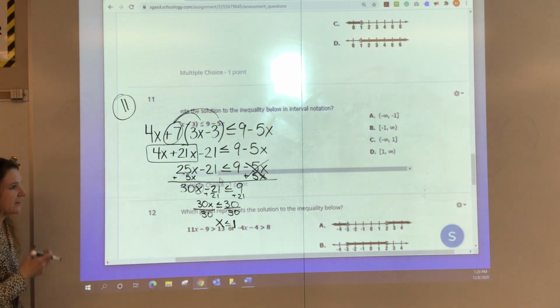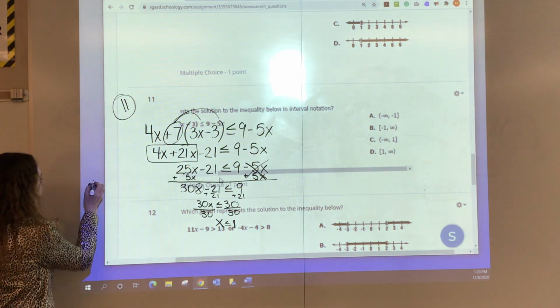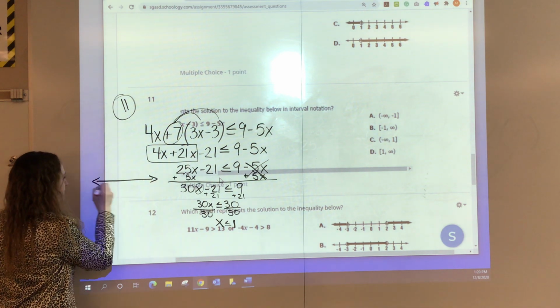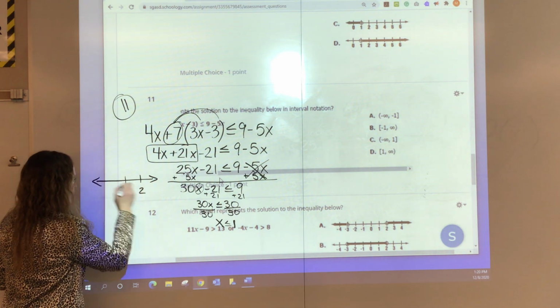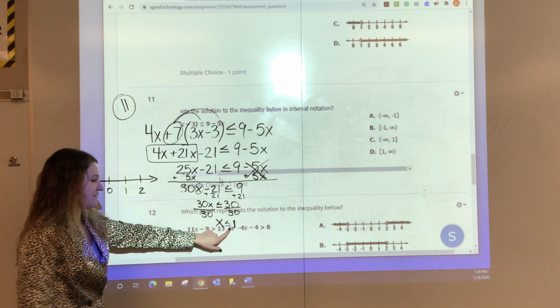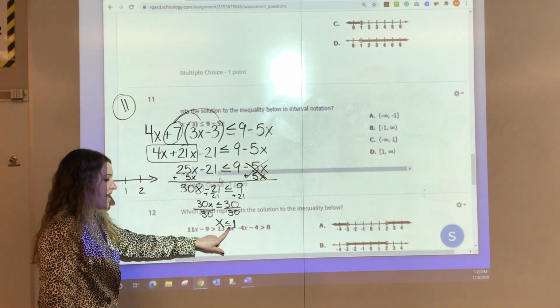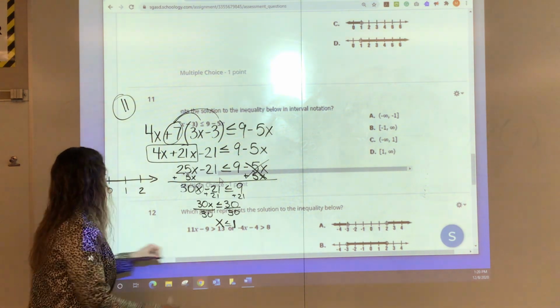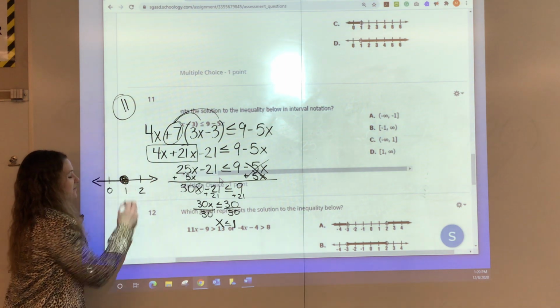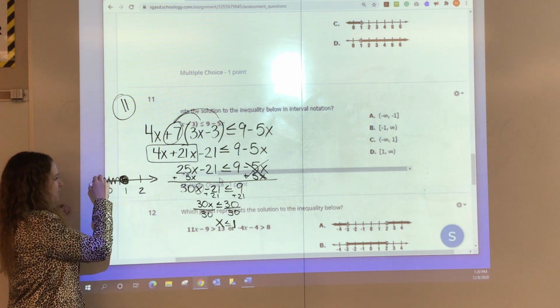So in order to do the interval notation, it's very helpful if you think about the graph. Because I have less than or equal to, I know that's going to be a solid dot at 1. And then less than or equal to would be shaded this way.